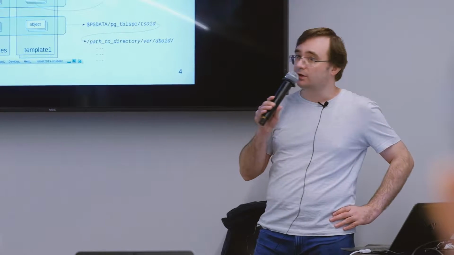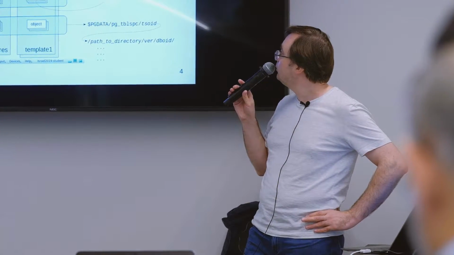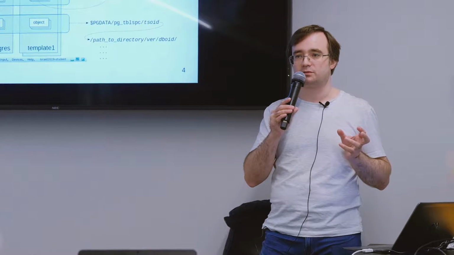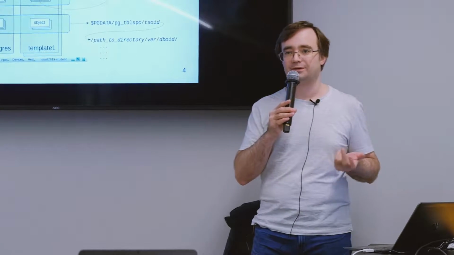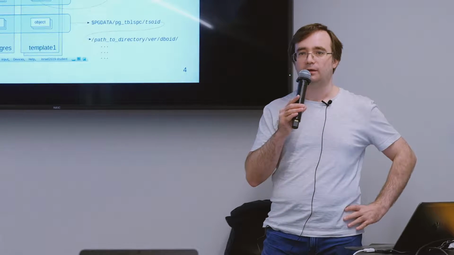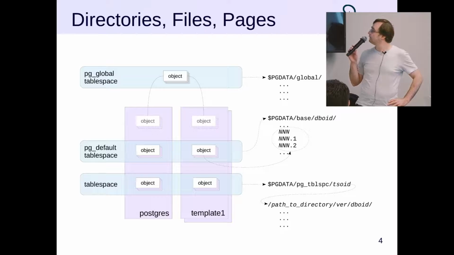And inside these directories we can see files which represent each object. Each object in Postgres, say a table or index, is represented by several different files. For tables there are 3 files minimum, for indexes 2 files, and so on.